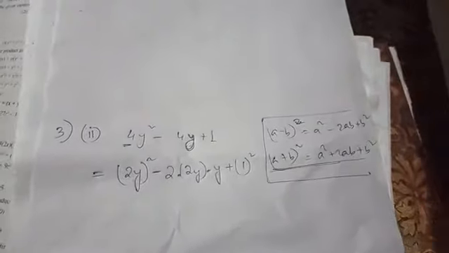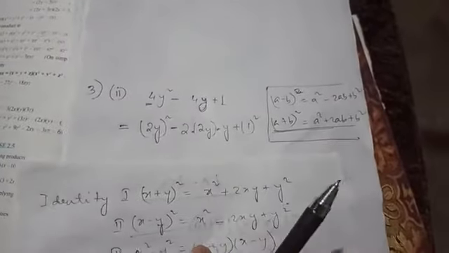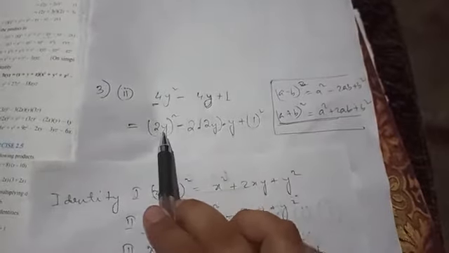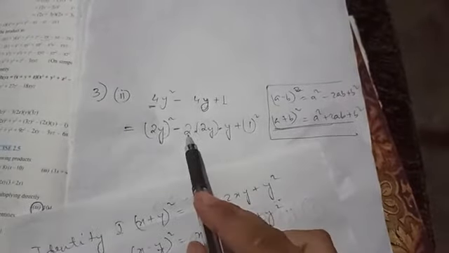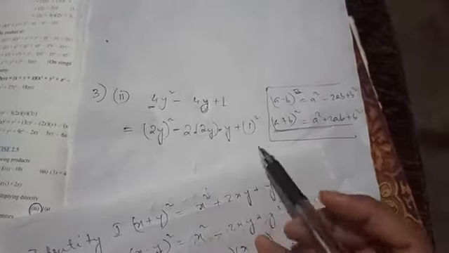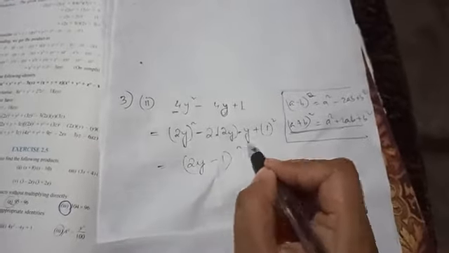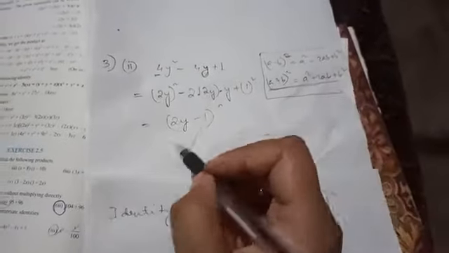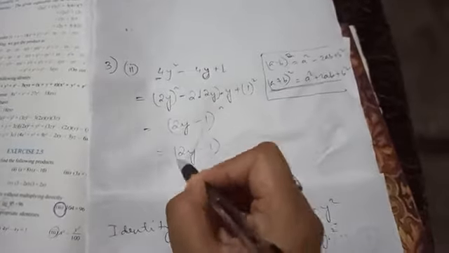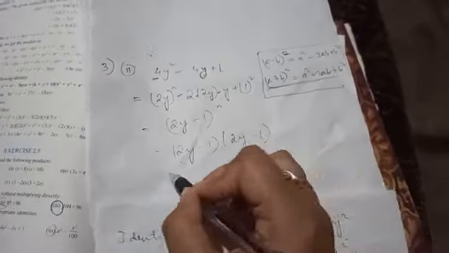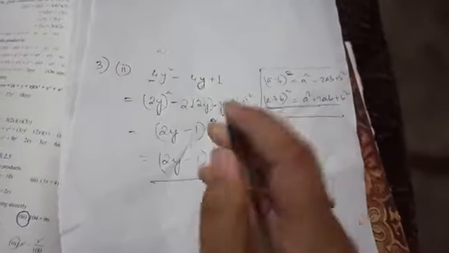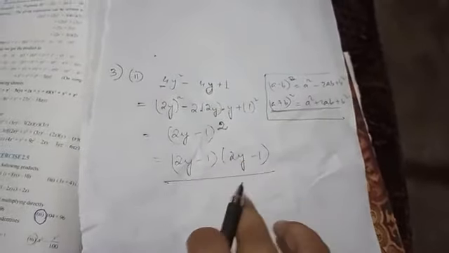If you see identity number 2, we are making it this way, x square, so this is the first part, minus 2 times x into y, and next is the y square. So if you see, it is coming under x minus y whole square, that is identity number 2, that is 2y minus 1 and 2y minus 1. Factorize means you have to break it. Okay, since there are 2 equal parts, we are writing the 2 parts together.